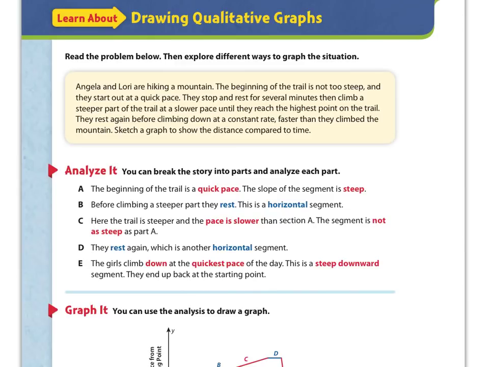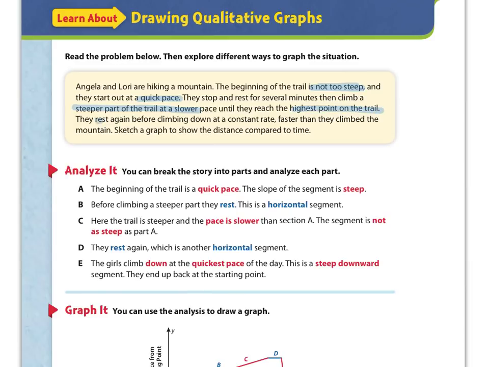Okay, so we're going to highlight the information that we need. So the first part is not too steep, and then they start out at a quick pace. And then they're going to climb something steeper at a slower pace until they get to the highest point.